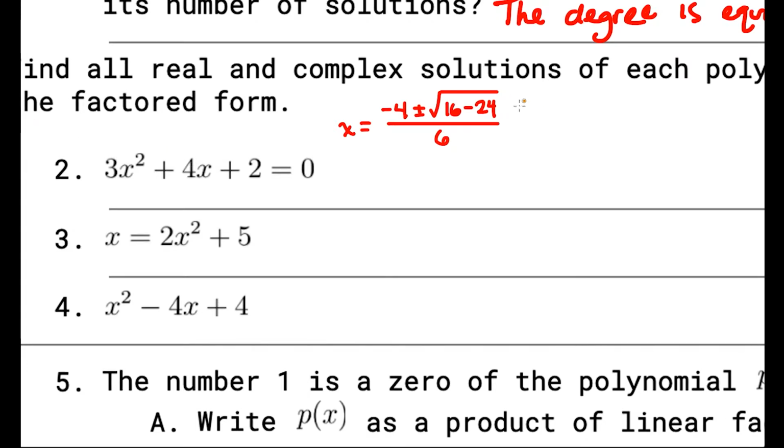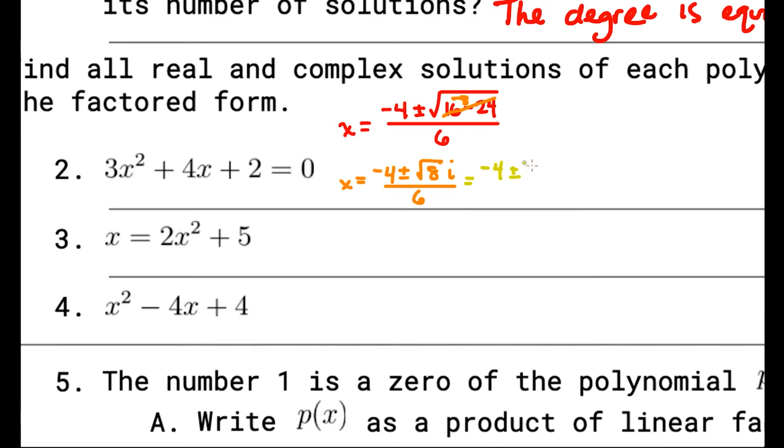All right, from here, this simplifies to the square root of negative 8. So if you pull that negative out, you end up with the square root of 8i all over 6. Now the square root of 8, there is a perfect square in there, so I'm going to pull that out so we can simplify this further.